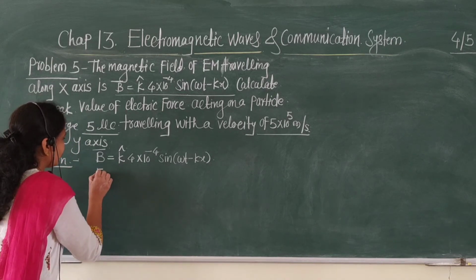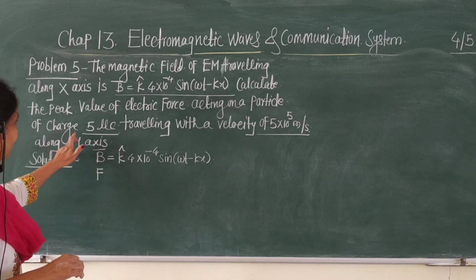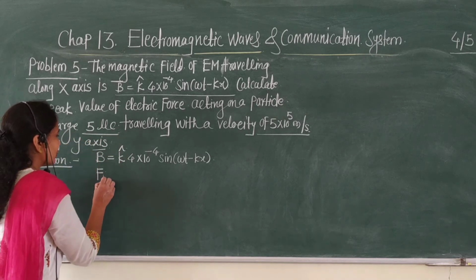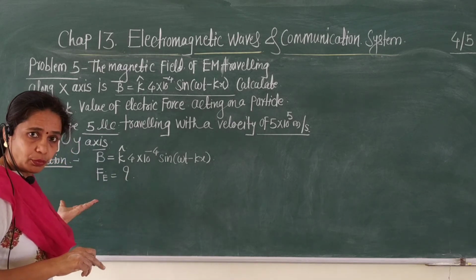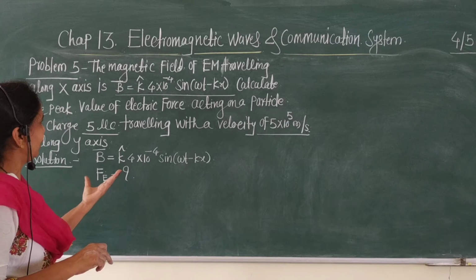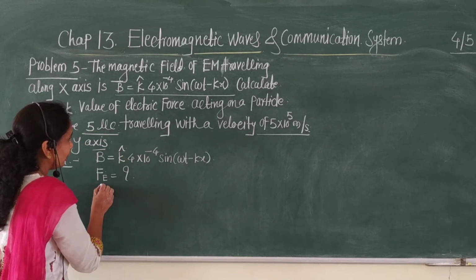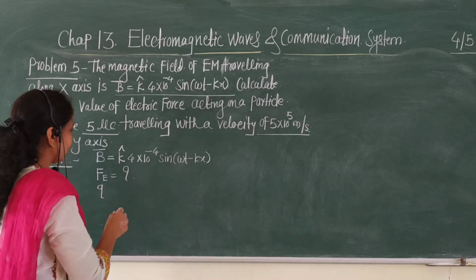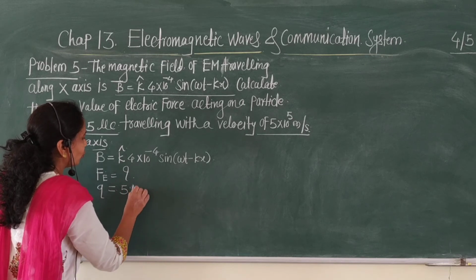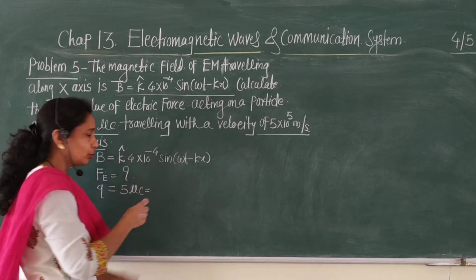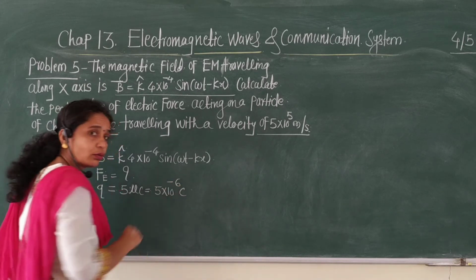Therefore, we have to calculate the electric force acting on a particle, Fe, the force due to the electric field. What is this 5 microcoulomb? It is the charge. Therefore, Q is equal to 5 microcoulomb.